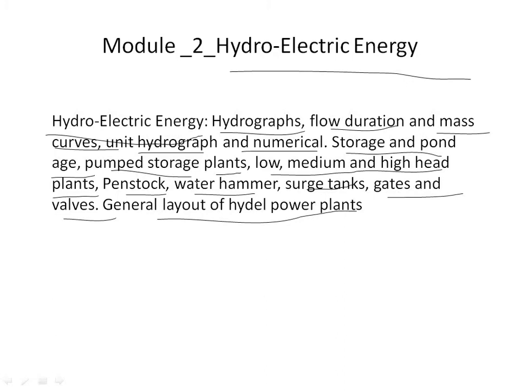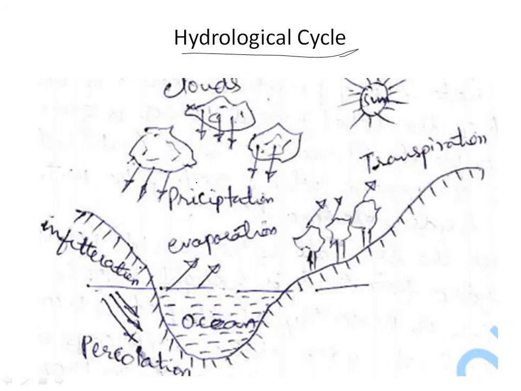Hydrological cycle: it is essential to study and measure the quantity of rainfall and water flow available to establish a hydroelectric plant.